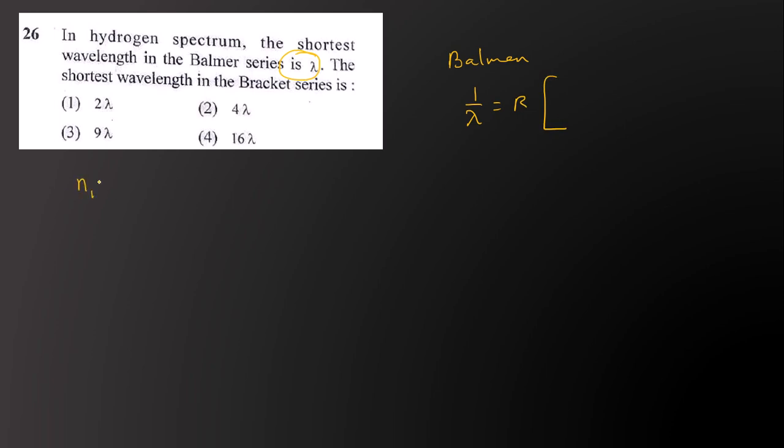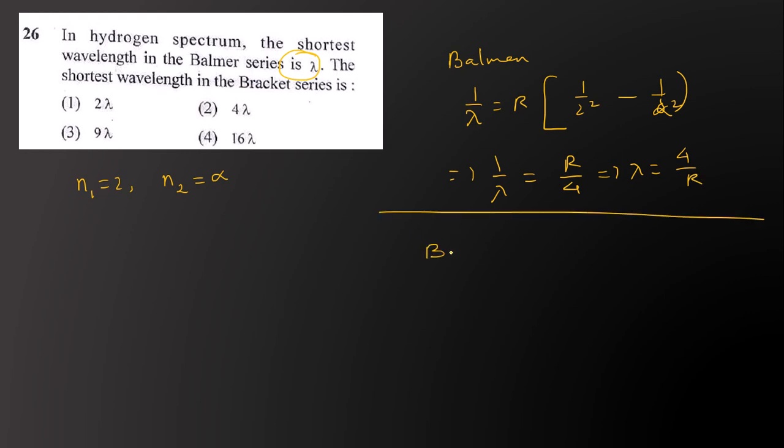For Balmer, N1 should be equal to 2, and shortest means the energy should be highest, so it should jump from infinity. So it is equal to 2 square, and this is 0. So this will be equal to R by 4, or simply lambda is equal to 4 by R.